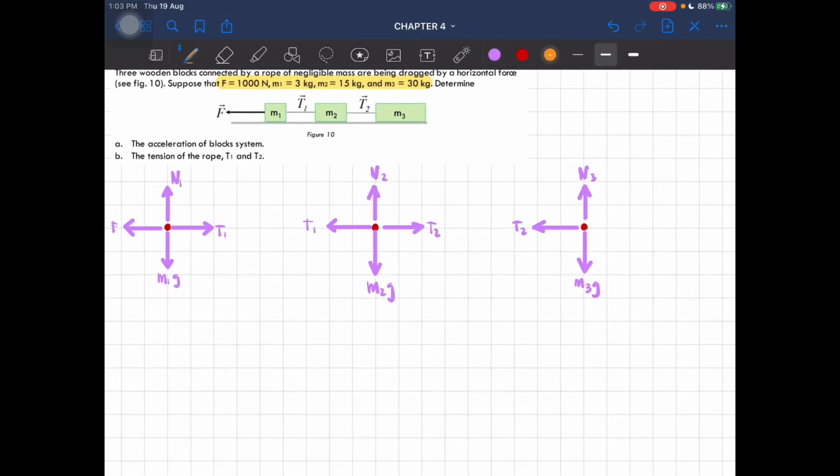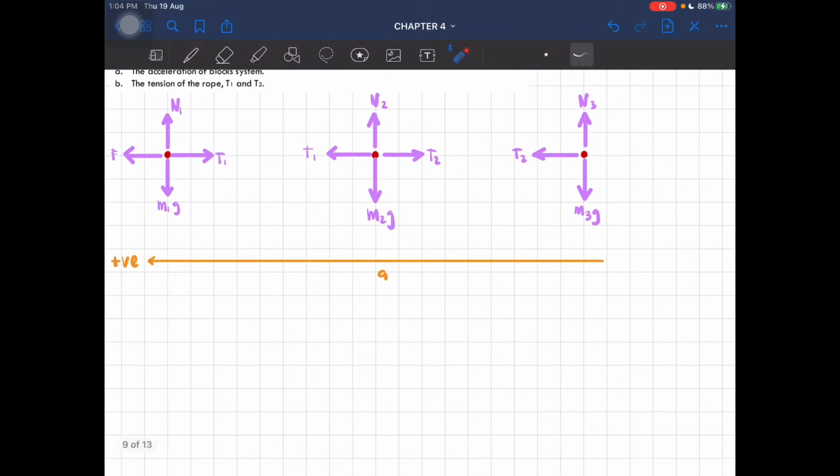And then, since now we are looking for the acceleration of the block, we have to follow, if the forces are following the direction of acceleration, it will be considered positive. If the force is against the direction of acceleration, it will be negative.